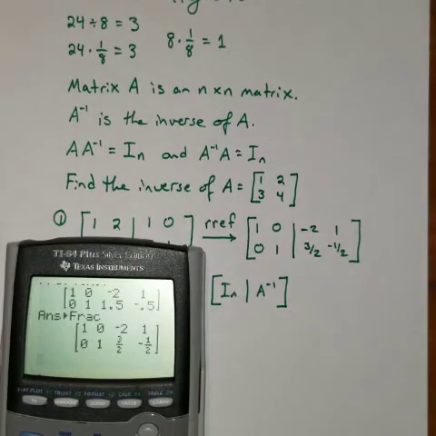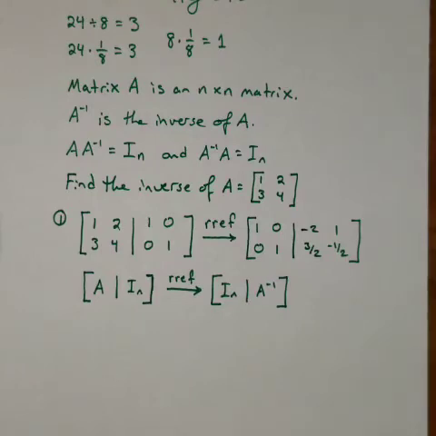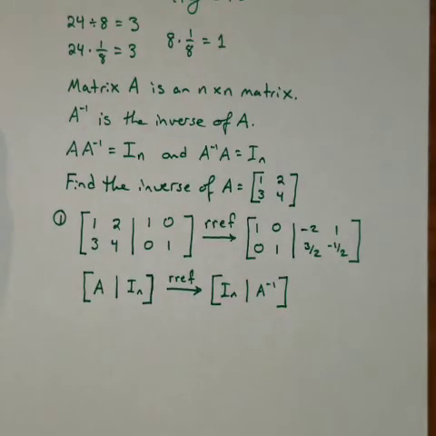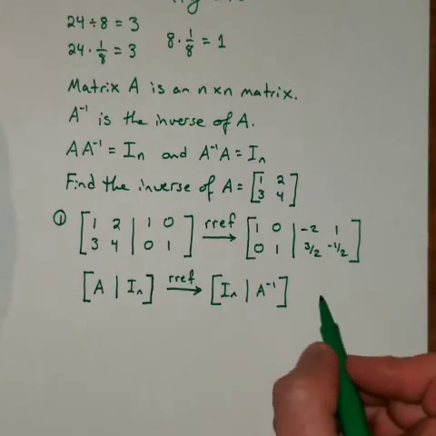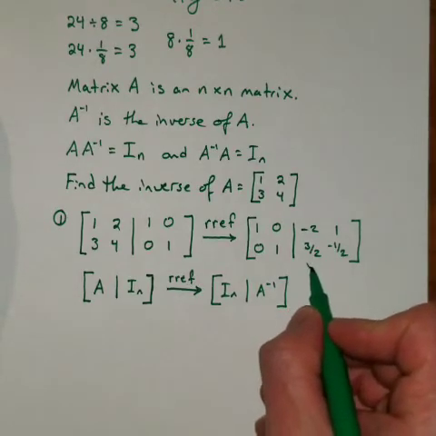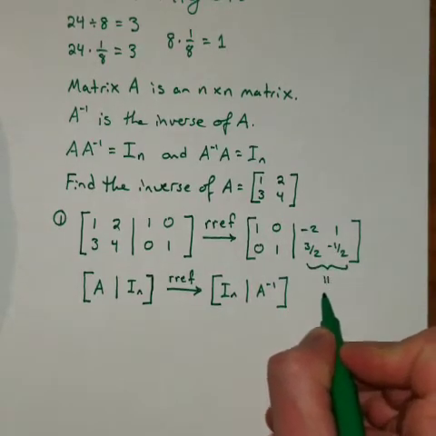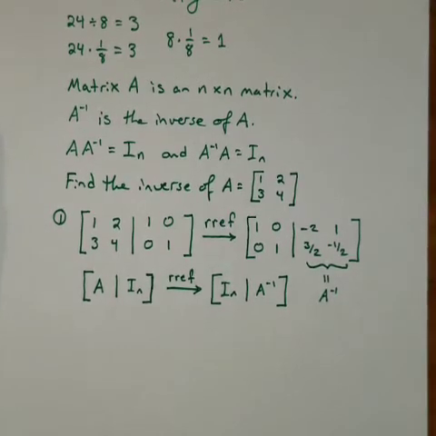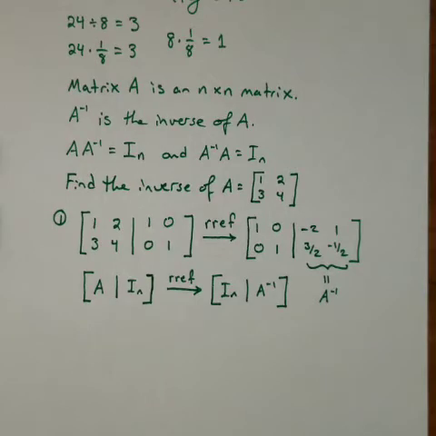Okay, so that would be the inverse matrix. So the inverse matrix is this matrix over here on the right. That right there is equal to A inverse. Okay, so that's one method. It's using the reduced row echelon form.